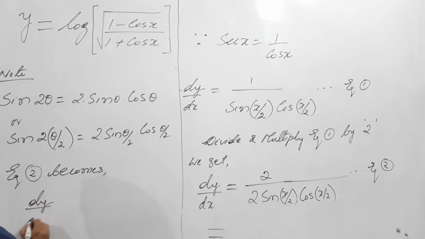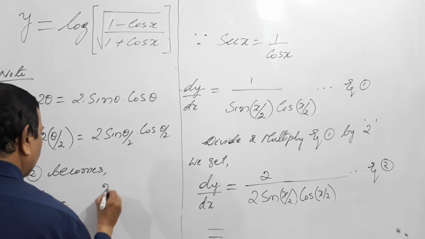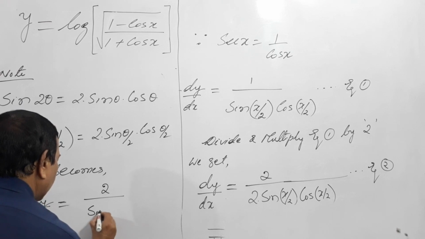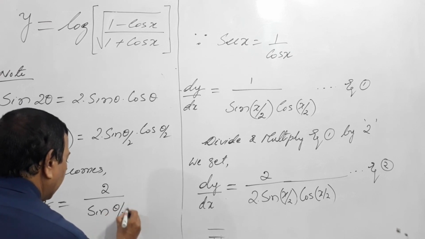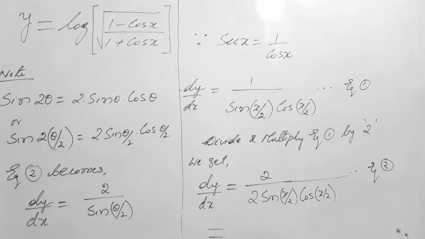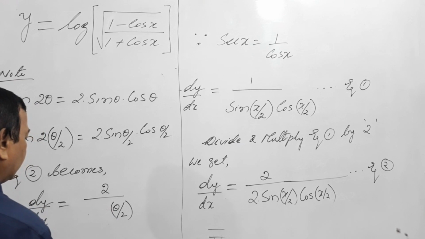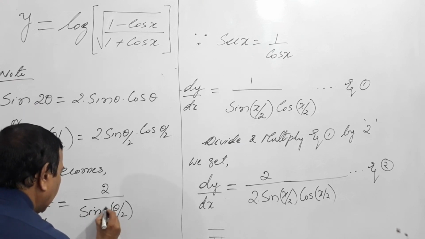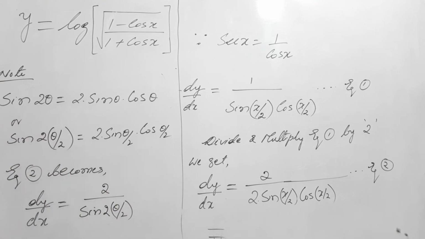dy by dx equals 2 by sin 2 theta by 2, sorry, sin x.